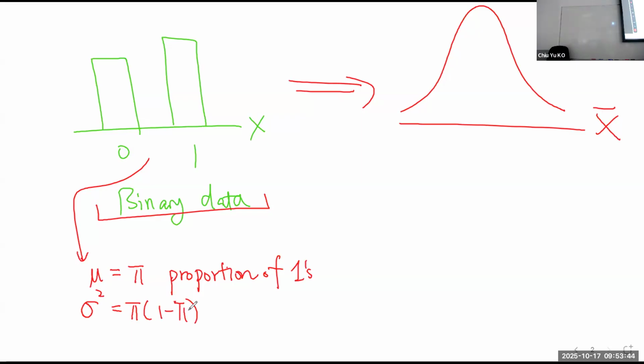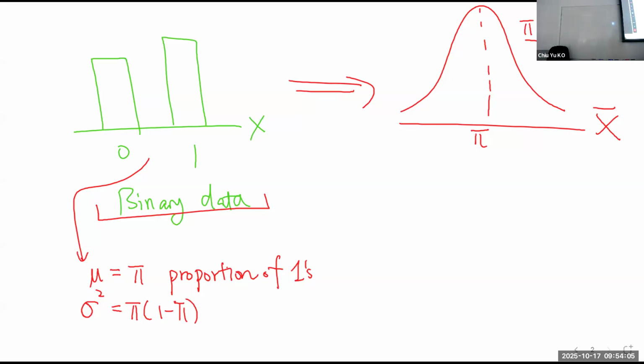Once I know the mean, I know the variance. Why do I talk about this special case? Because it implies the following: if this is pi, the sample mean, the variance will be pi times 1 minus pi over n.